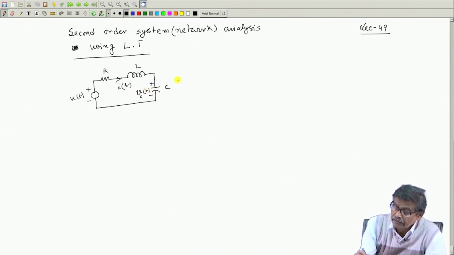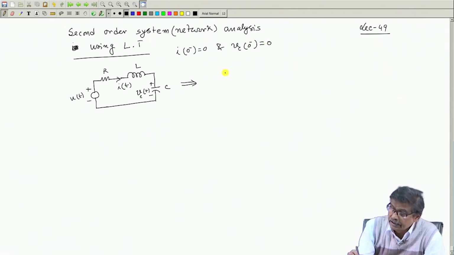Now, first of all, with all initial conditions zero, the current through the inductor i(0-) must have been 0, and vC(0-) is also 0.